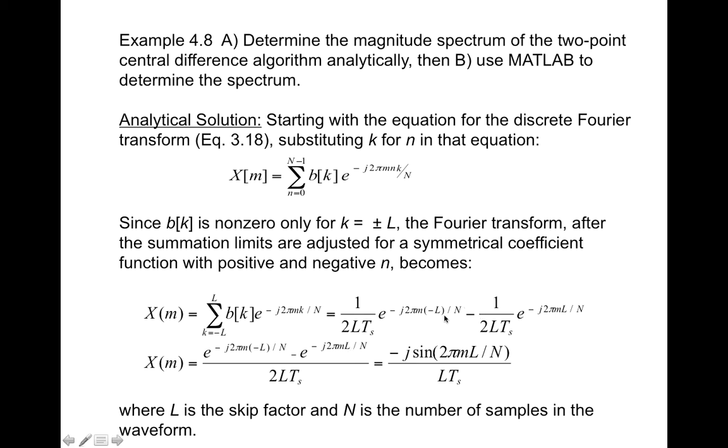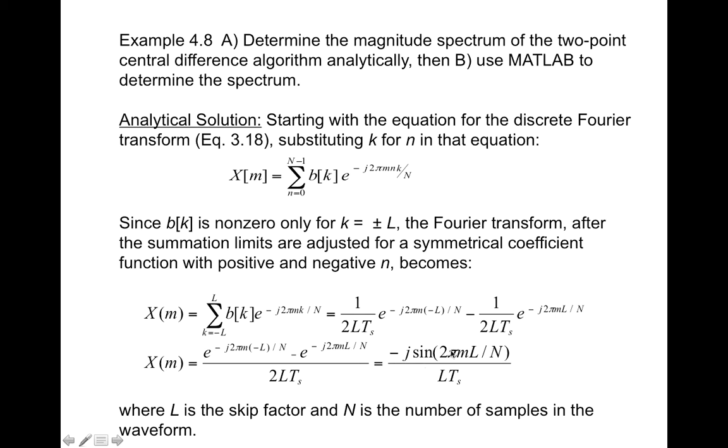Basically, looking at this example, if we group the coefficients, we have effectively the sine function. And so our x sub m becomes basically a sinc function. L is the skip factor, and n is the number of samples in the waveform. If we take the magnitude of that, we'll have the magnitude of the sinc function, sine x over x.